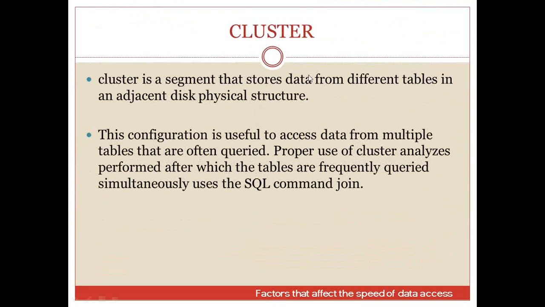A cluster is a segment that stores data from different tables in an adjacent physical disk structure. This configuration is useful to access data from multiple tables that are often queried. So if we often query those SQL statements, it's useful to use a cluster.